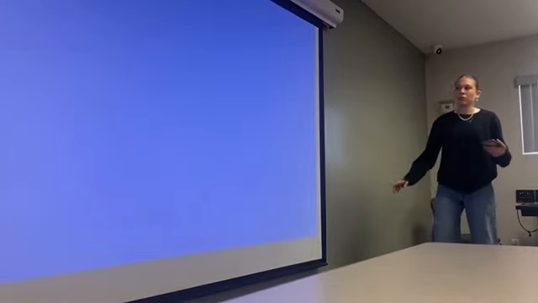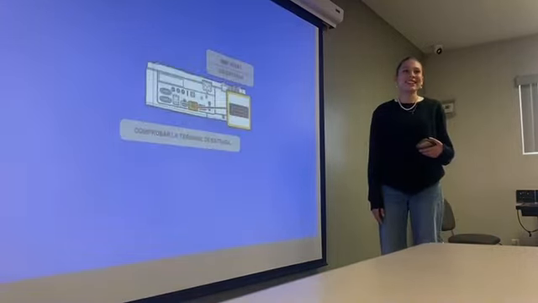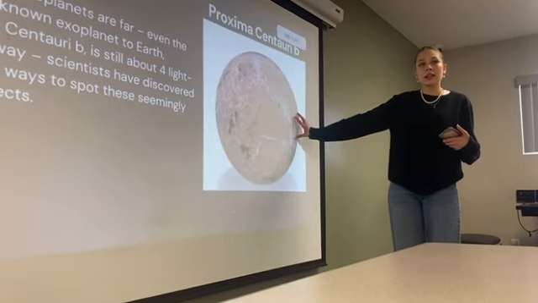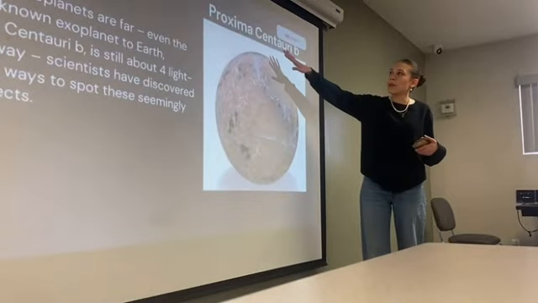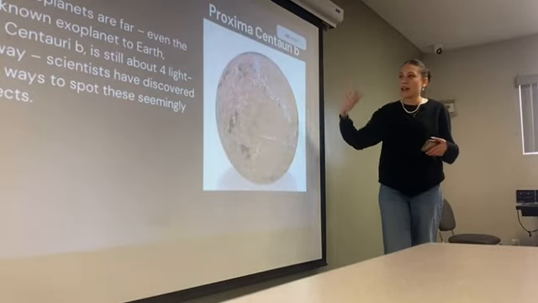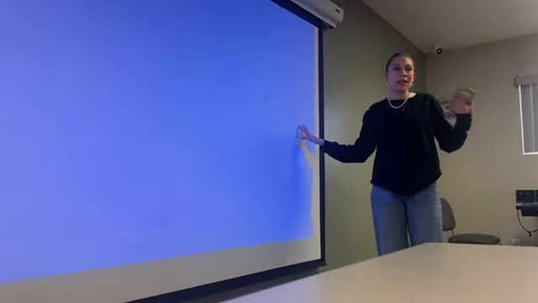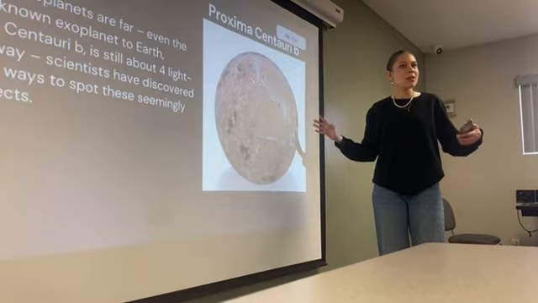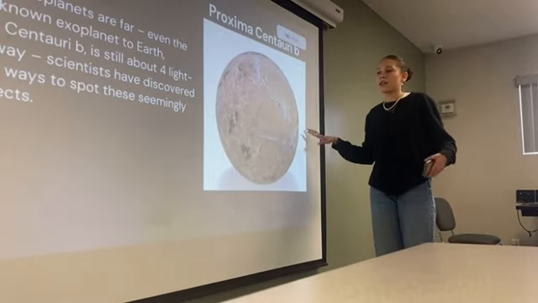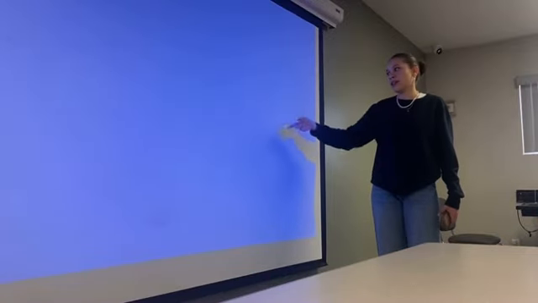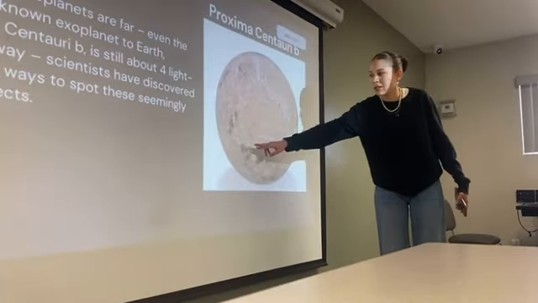This is one of the closest planets we have that is outside of our solar system, and it's called Proxima Centauri B. It's considered to have potential, similar to Earth, in size.